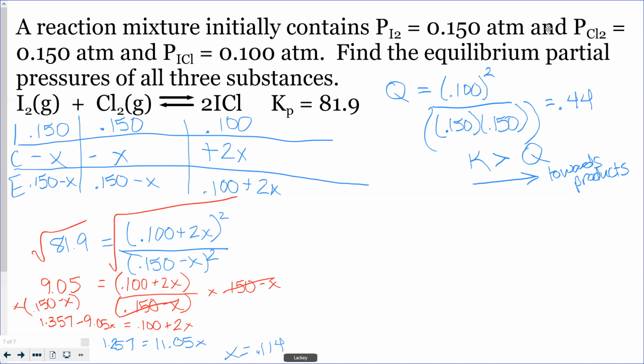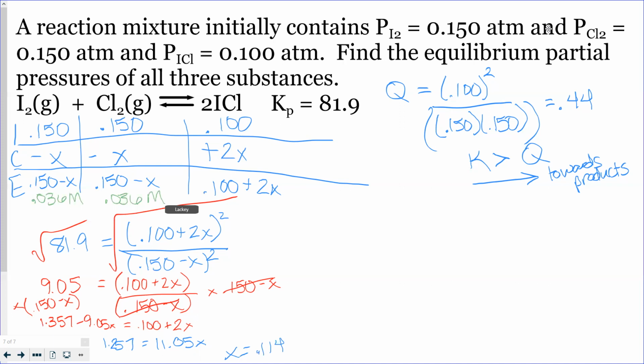So we can plug that back in to our equilibrium values. I'm going to change to green to show this. If we do 0.150 minus 0.114, we get 0.036 for both of these.